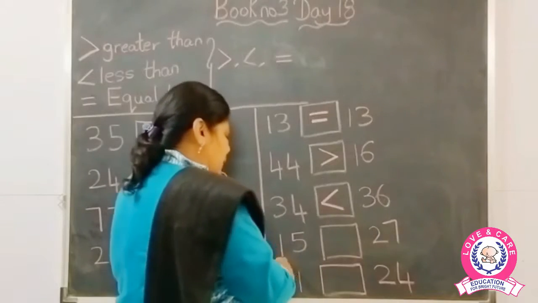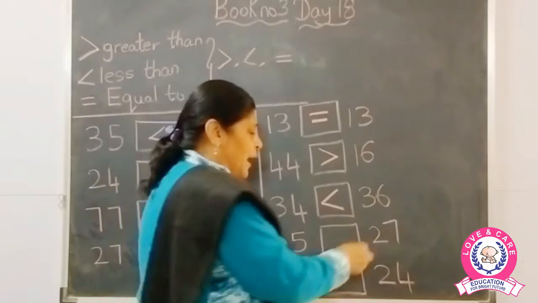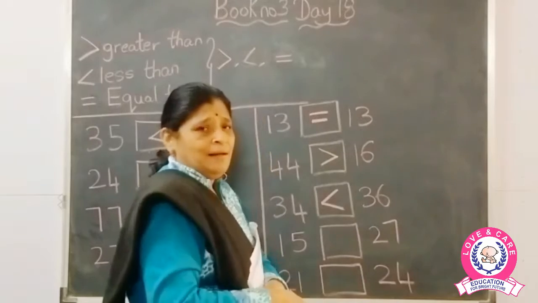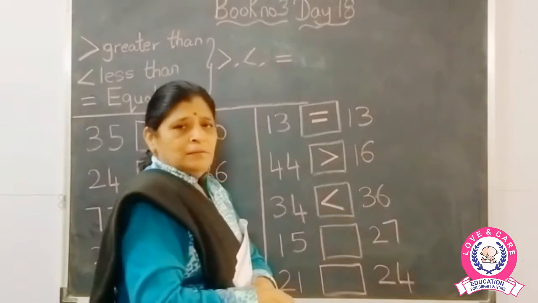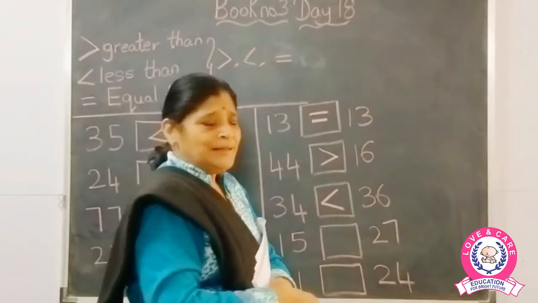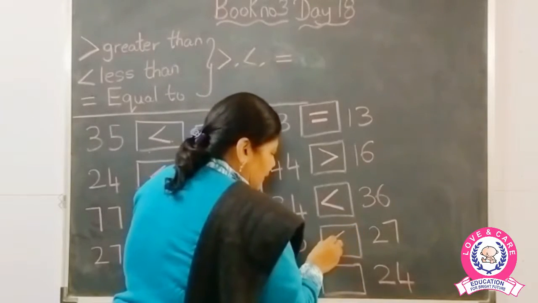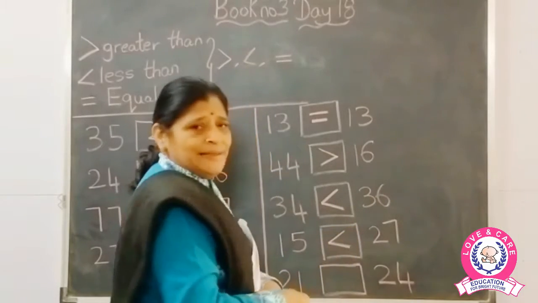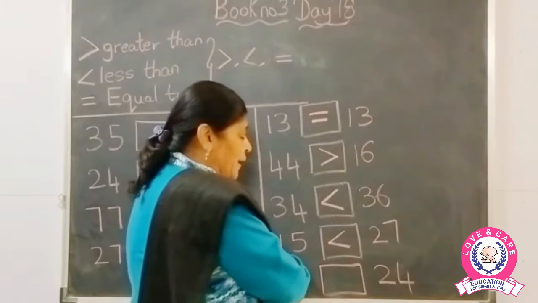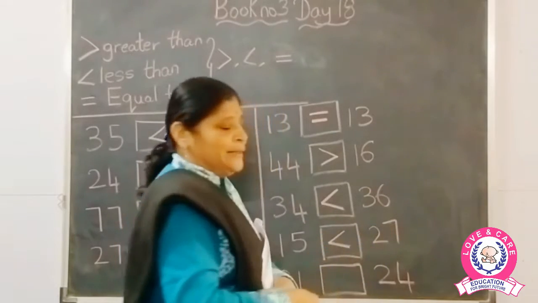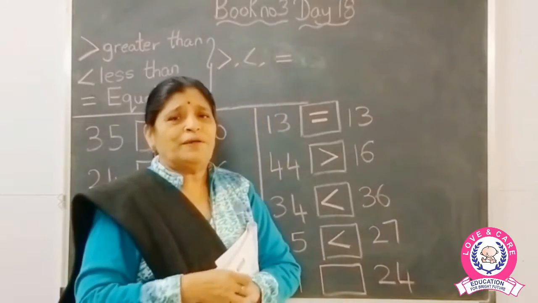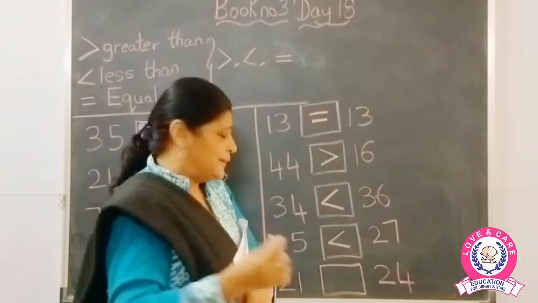The next number 15 and 27. Here again the number 27 is greater. But while saying we say 15 is less than 27. 15 is the smaller number. So we say it less than 27.